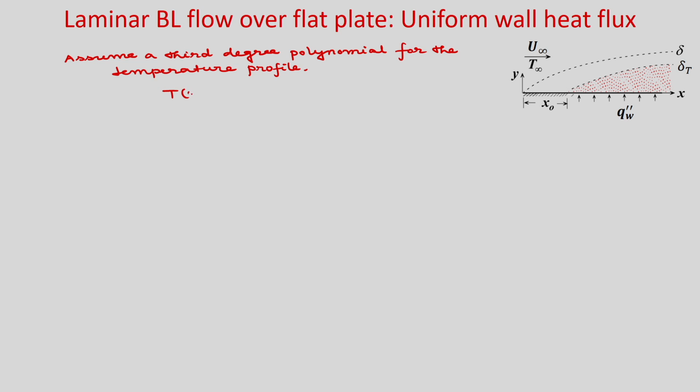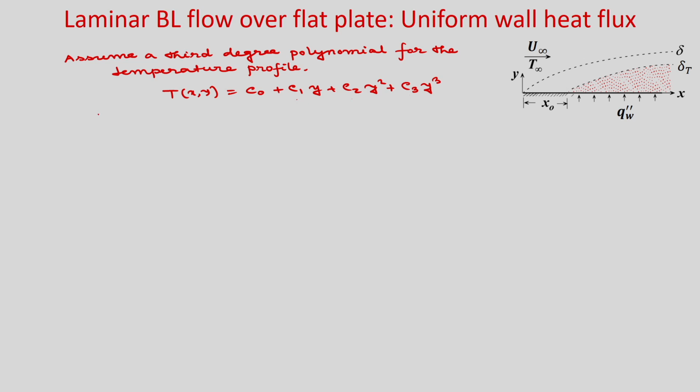T, which is a function of x and y, we can write as C naught plus C1 y plus C2 y square plus C3 y cube. These coefficients C naught, C1, C2, C3 are functions of x.